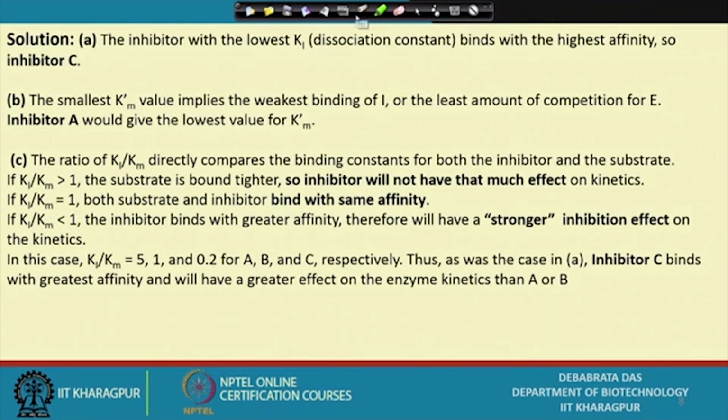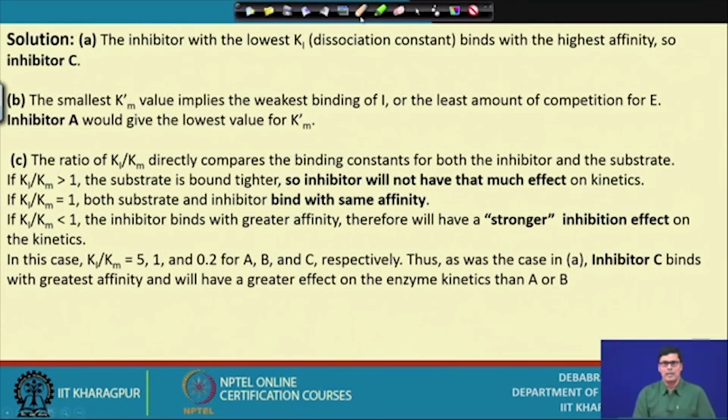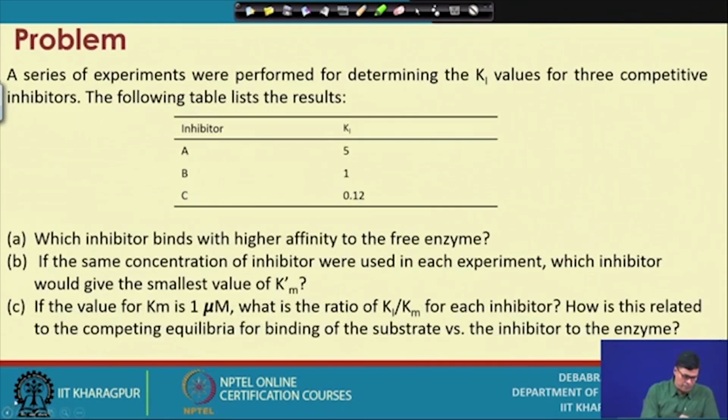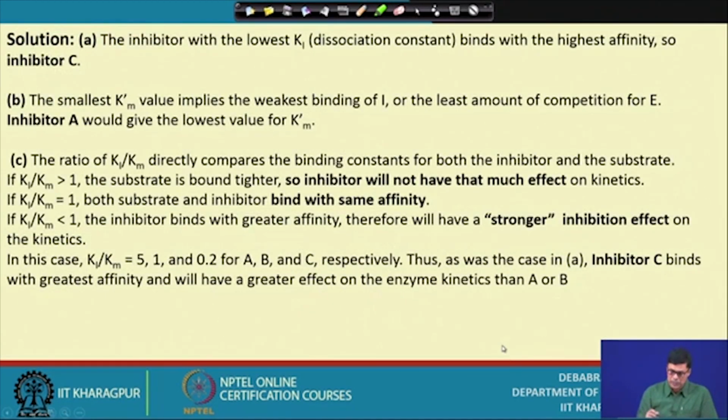So, the first solution. The first question was which inhibitor binds with higher affinity with the free enzyme. We have 3 inhibitors with different Ki values, where one Ki value is high and one is low.